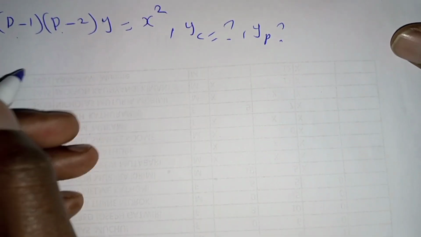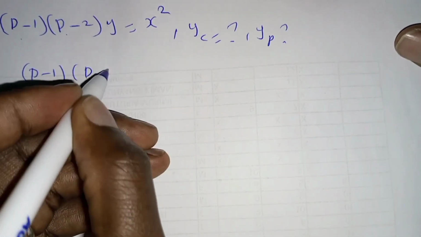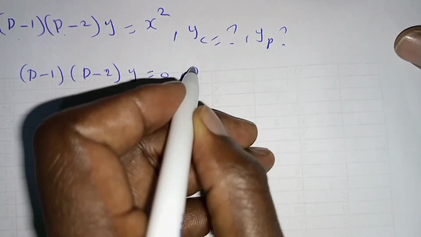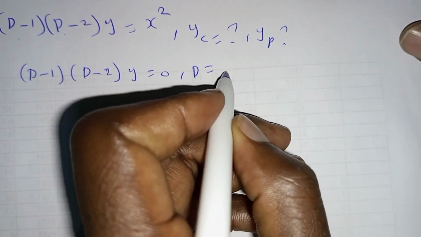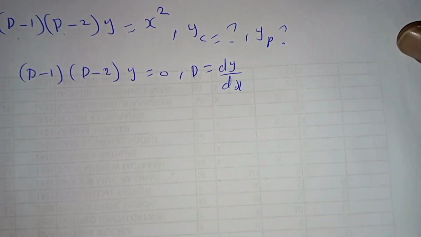This equation can be reduced as (D - 1)(D - 2)y = 0. Note that D represents dy over dx, that is in symbolic form.